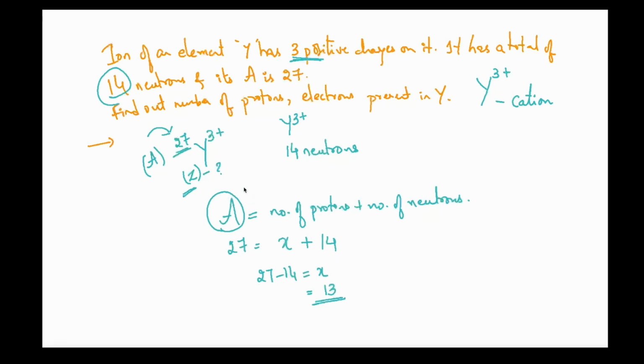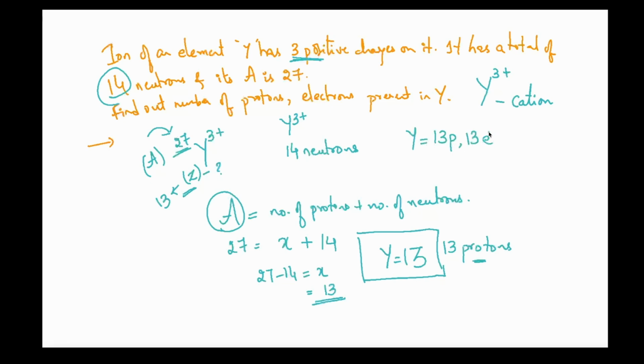So the atomic number of this element Y is 13. Because the atomic number is 13, we can say that this element has a total of 13 protons. So now Z is 13. However, if Y was a neutral atom, it would have 13 protons and 13 electrons.